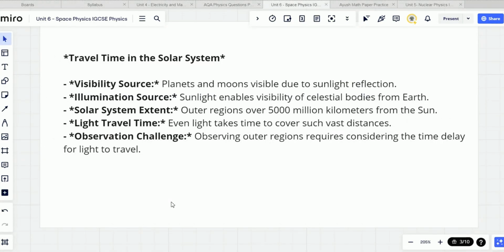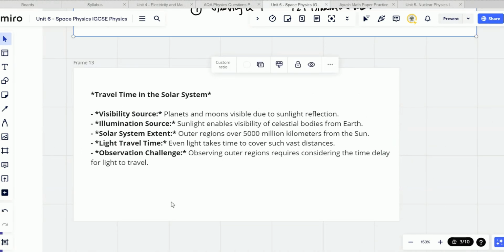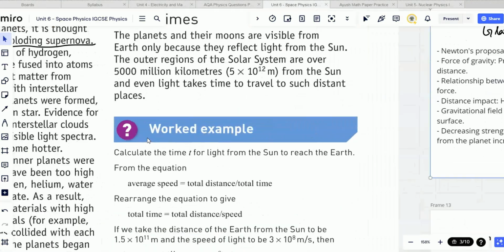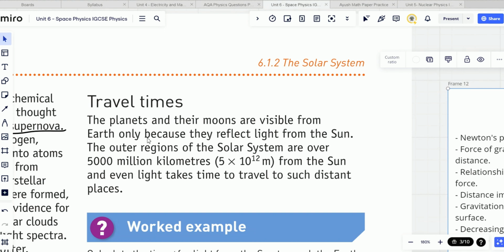Let's move on. The travel time in the solar system. So, what do we know about it? The first point is the visibility source. The planets and moons are visible due to sunlight reflection, without the sun we would have never been able to view these planets and moons. The planets and the moons are visible from Earth only because they reflect light from the sun.